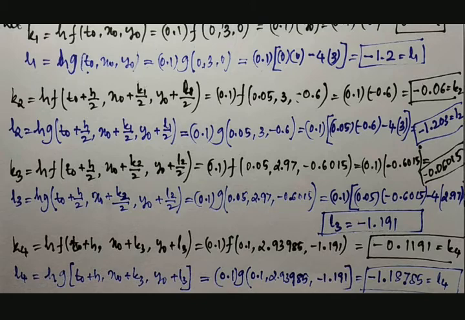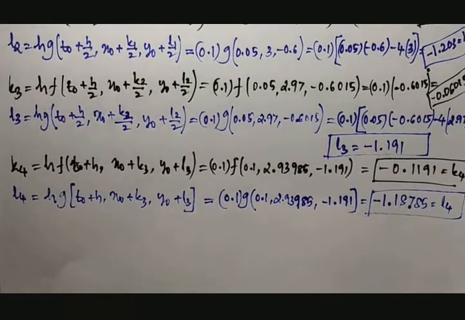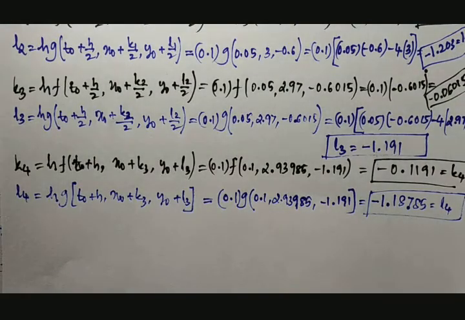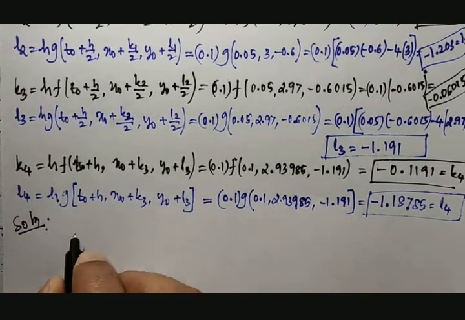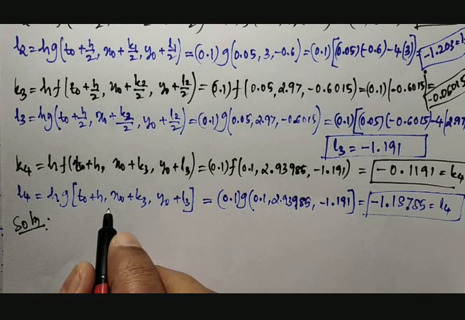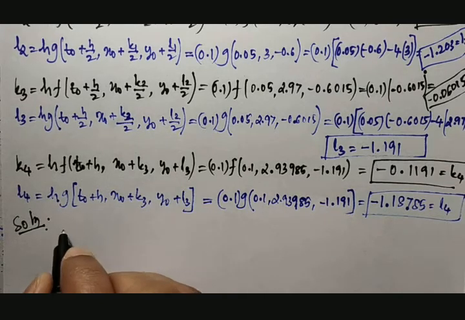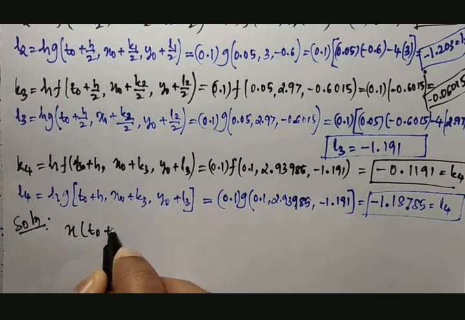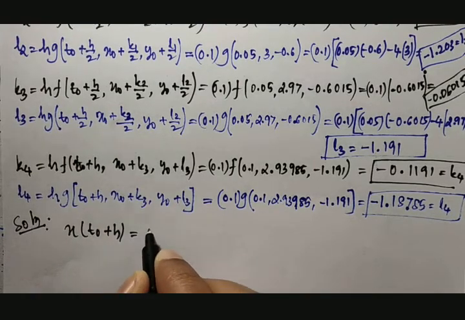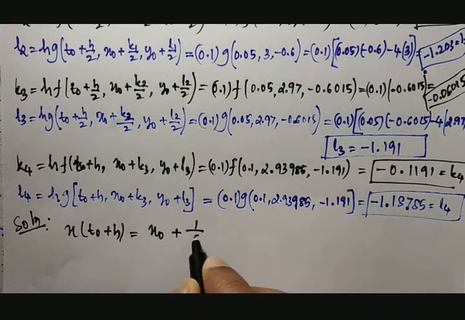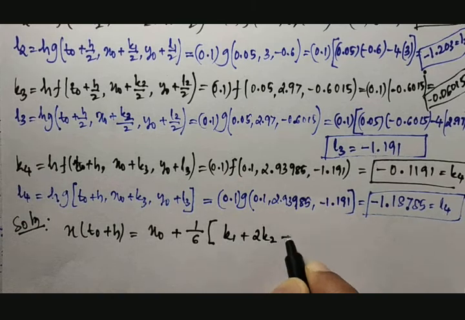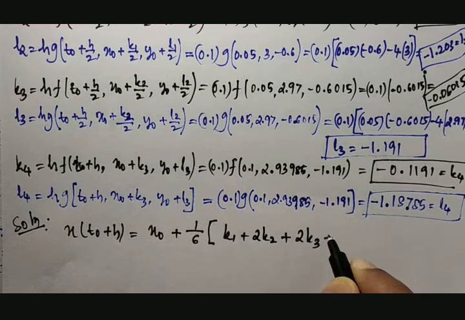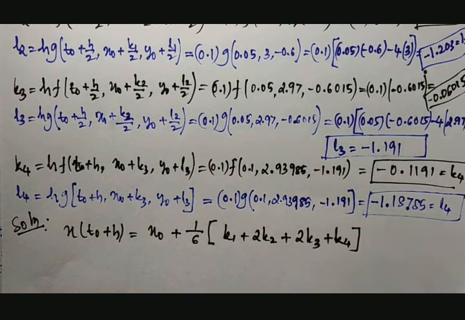Then similarly, we need to calculate its solution. What solution will we be getting? The required solution is, first we need to calculate x. So x of t naught plus h is equal to x naught plus 1 divided by 6 into k1 plus 2k2 plus 2k3 plus k4.